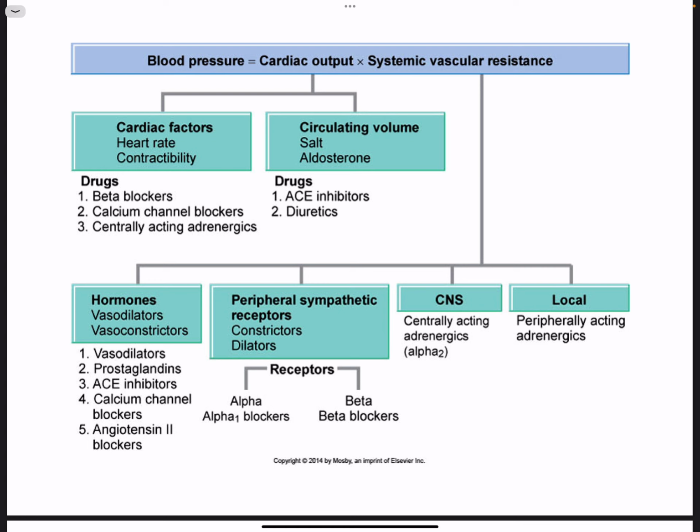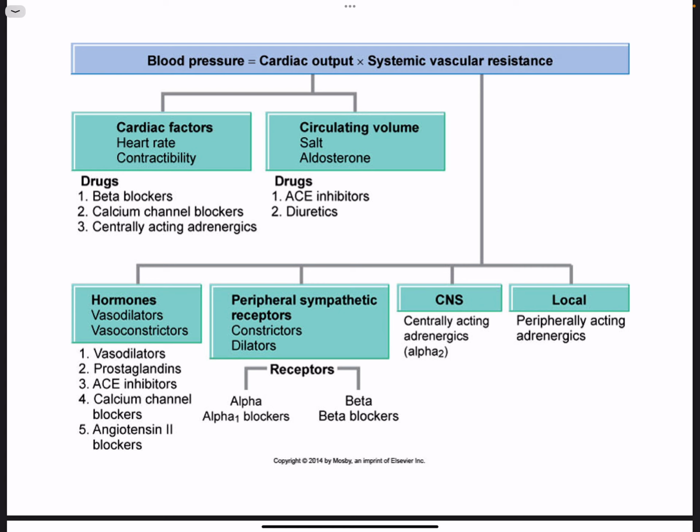Alpha 1 blockers and beta blockers. Alpha 1, where are they mostly found, in the heart or in the blood vessels? Alpha 1. The blood vessels. Blood vessels, very good. Alpha 1 receptors are mostly in the blood vessels.